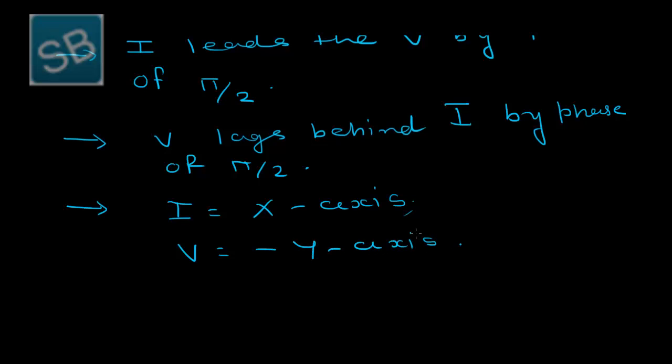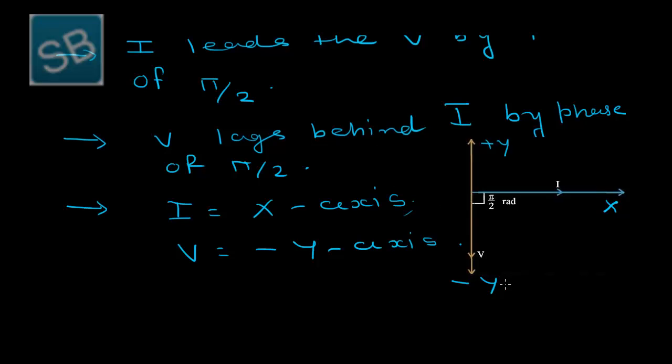So this is just the opposite case of that in an inductor. Here the characteristic is shown in which current is represented in positive x-axis or any kind of x-axis, but the voltage V is lying in the negative y-axis by the phase difference, particularly of pi by 2.